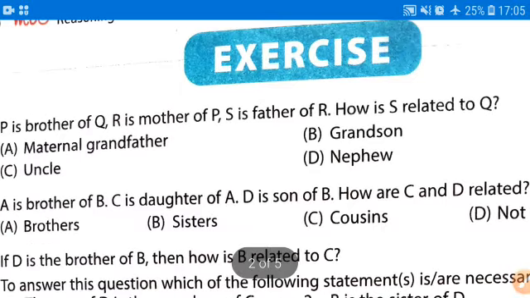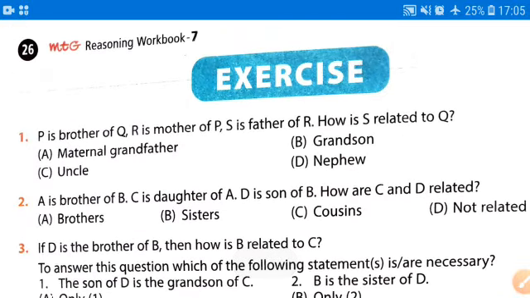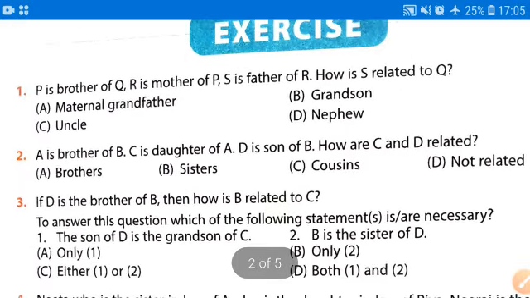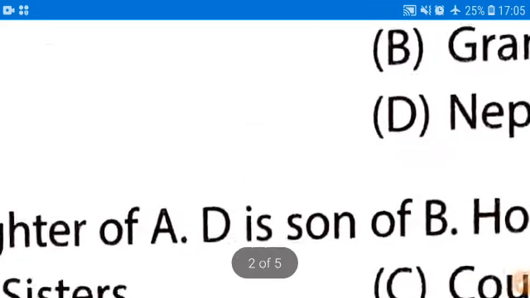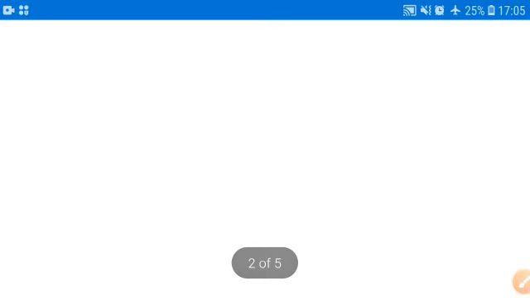Let's see how. First question: P is a brother of Q, R is a mother of P, S is a father of R, how is S related to Q? Let us solve here. P is a brother, so I will keep P inside a square. Square means a man.